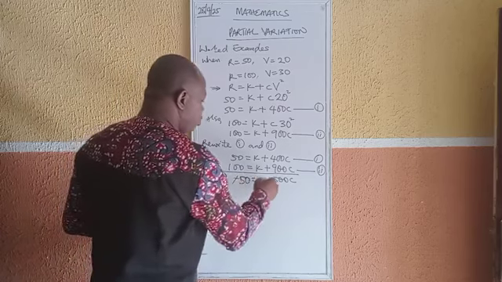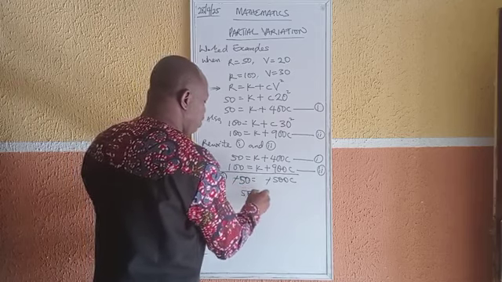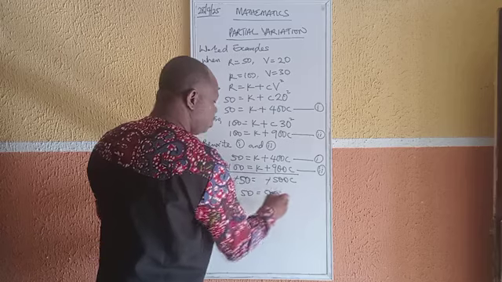So minus cancel minus here, leaving 50 equals 500C.